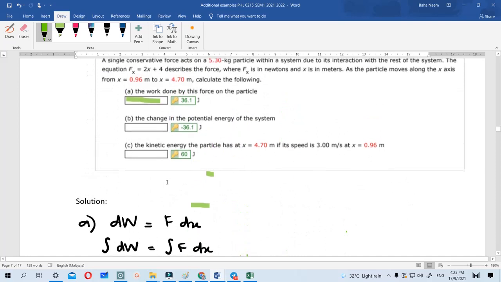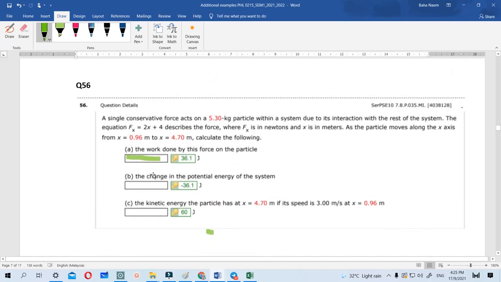Understand? Alright, how about the change in potential energy? The change in potential energy and the work done, if this is a conservative force, straight away have the same value but in opposite sign. See this? 36, negative 36. 36.1, negative 36.1.